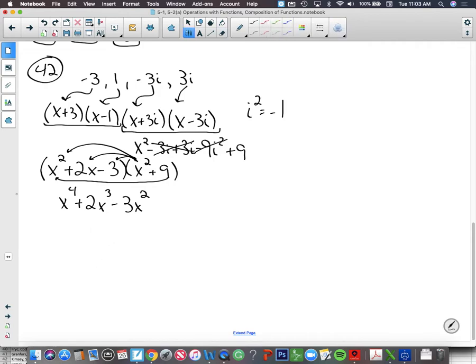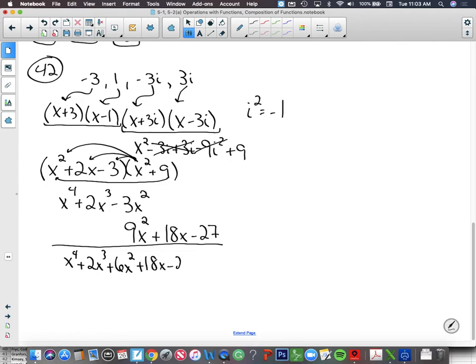So 9x squared plus 18x minus 27. Combine like terms, then we're done. So we have x to the 4th plus 2x cubed plus 6x squared plus 18x minus 27. That is our 4th power polynomial. Okay? So hopefully that helps you out for the homework.